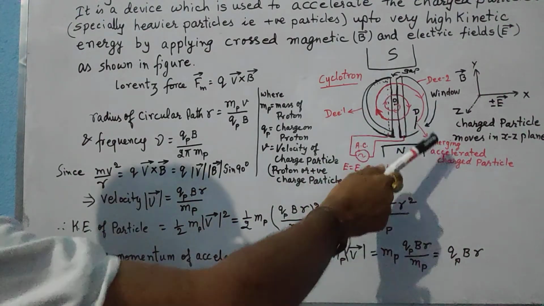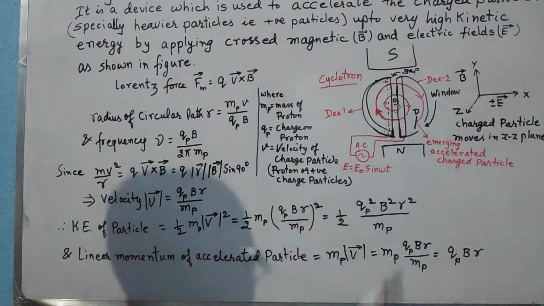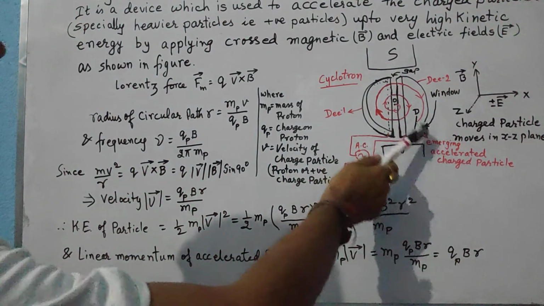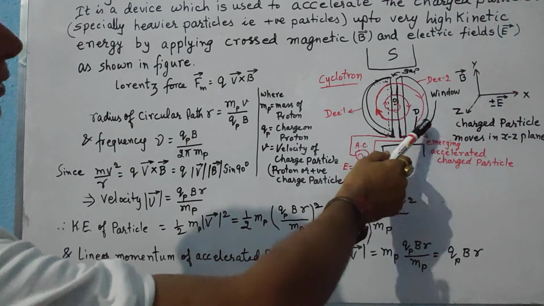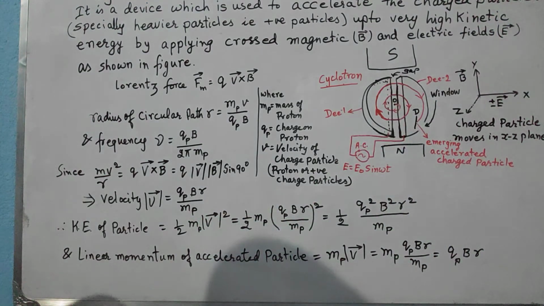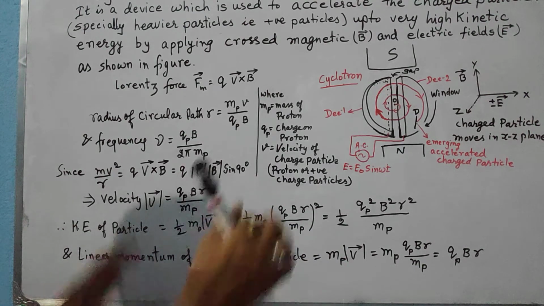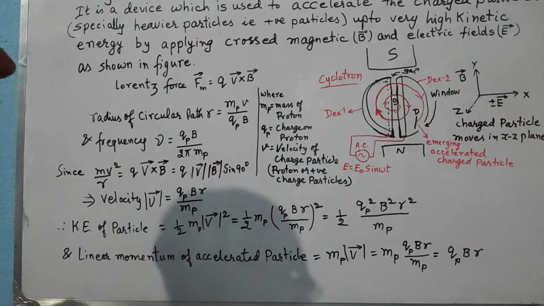So before that happens, we introduce a reflector in the path of the charged particle, and it is made to emerge through a window cut in the wall of the cyclotron. That is how we get the high energy charged particle.